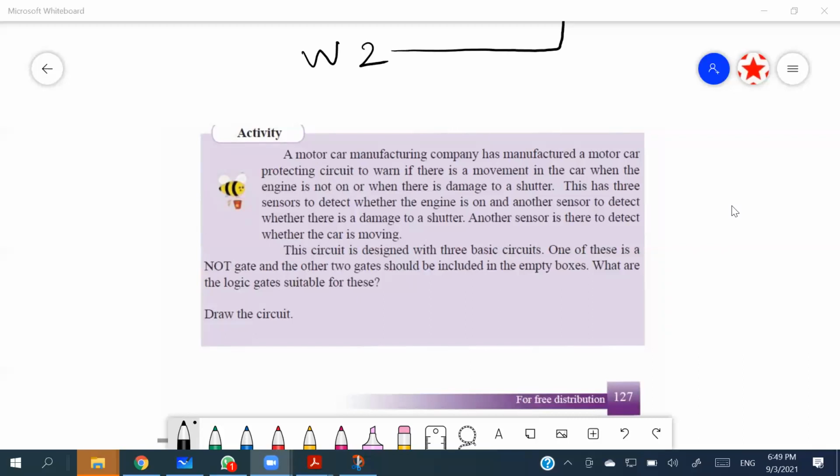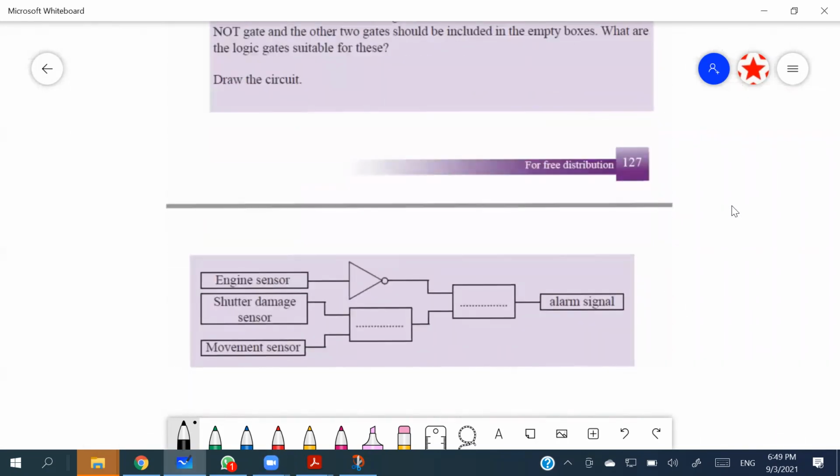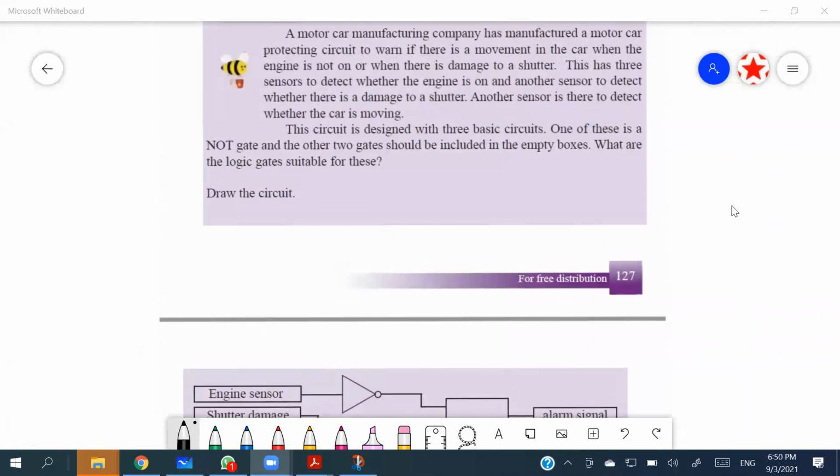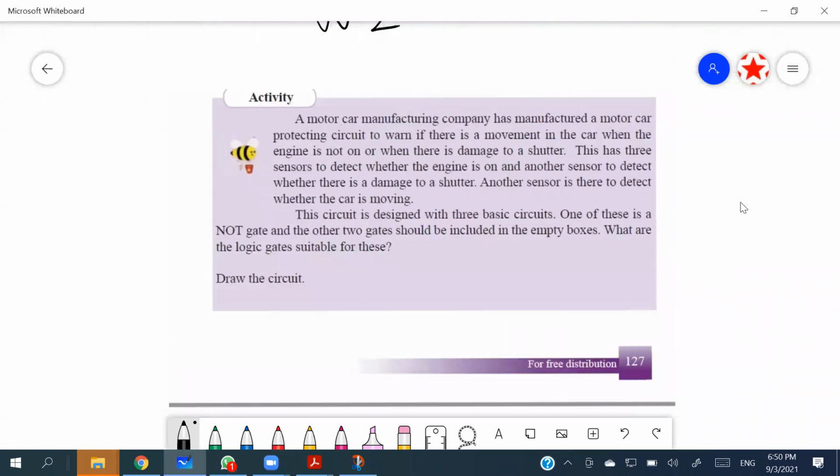It's better if it is described in a different way than this, but with the circuit that is given to you, you can have the idea what is going on here. The next thing, the important part, the states are given right over here. This has 3 sensors to detect whether the engine is on, and another sensor to detect whether there is a damage to a shutter. Another sensor is there to detect whether the car is moving.